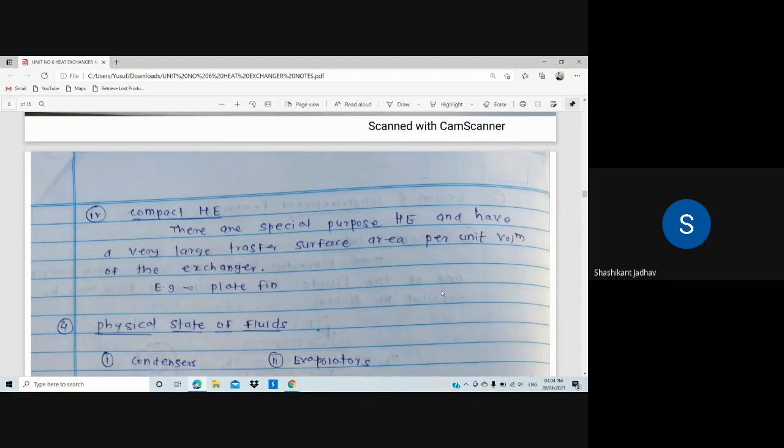Okay, so all of you write down the next type, that is compact heat exchanger.